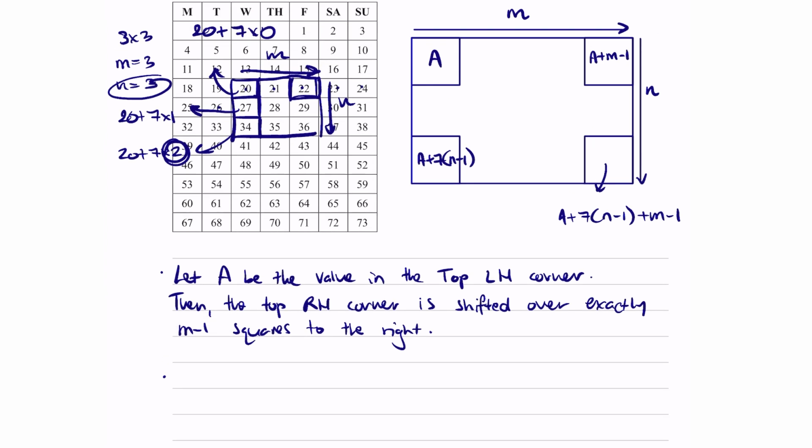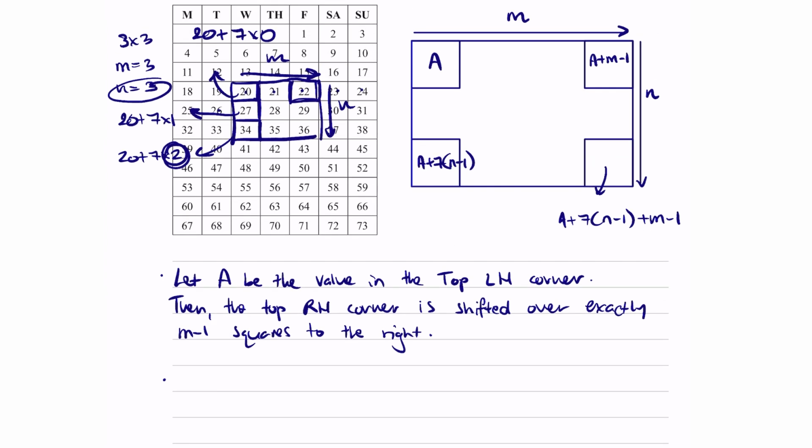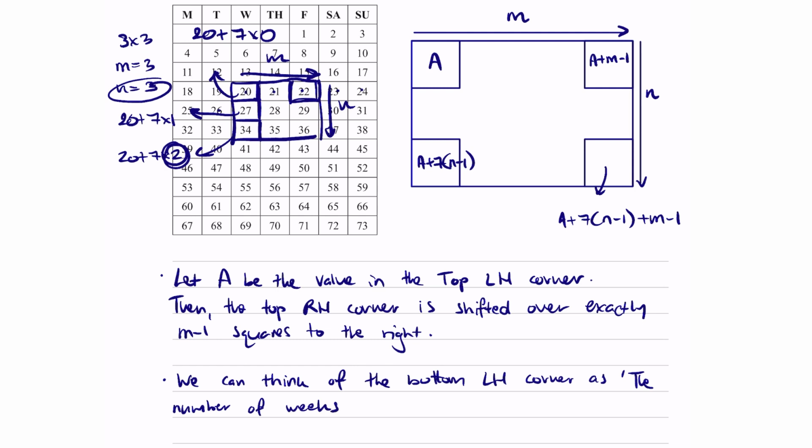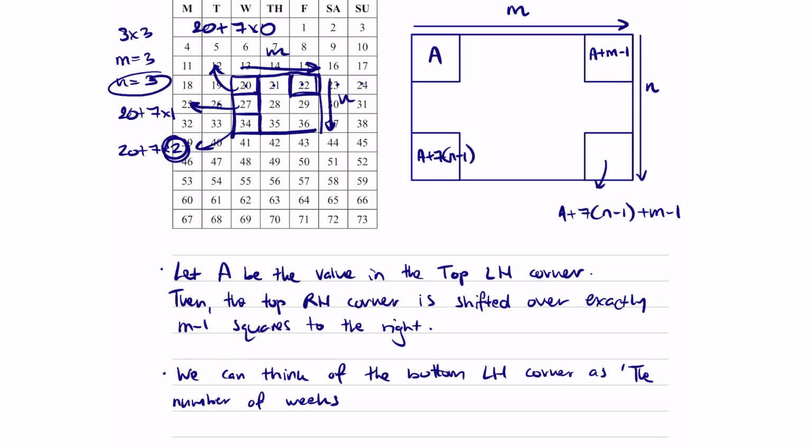Now, how do we get the bottom left-hand corner? We can think of the bottom left-hand corner as the number of weeks A has been shifted by.